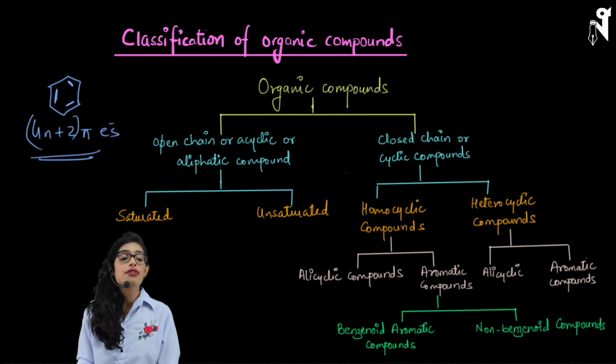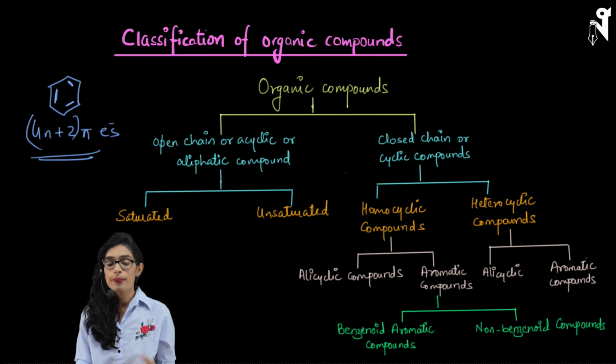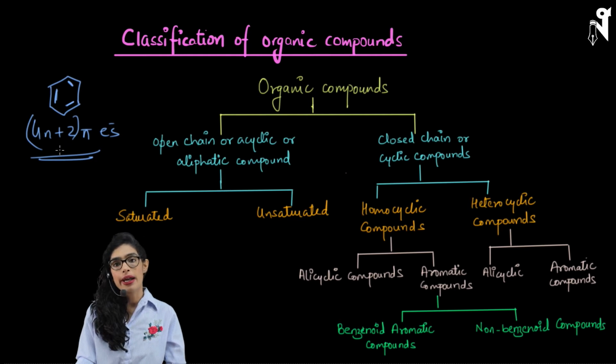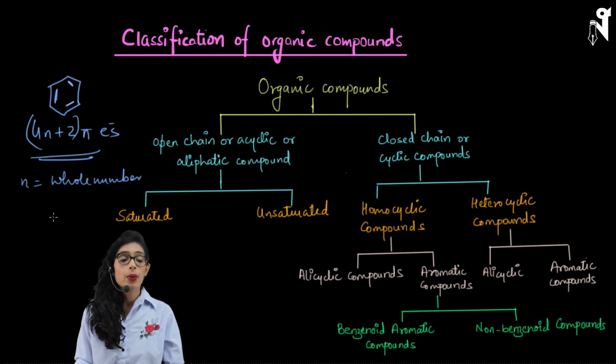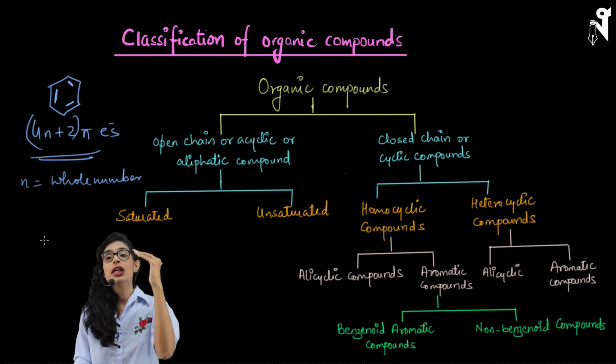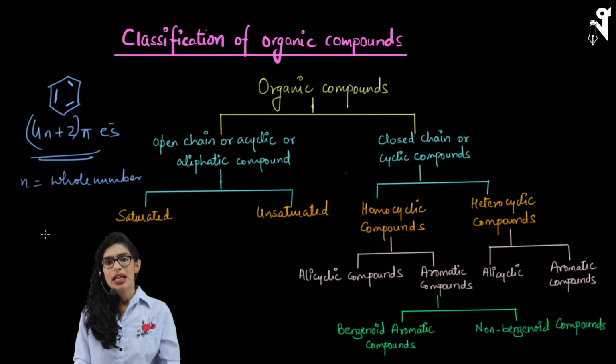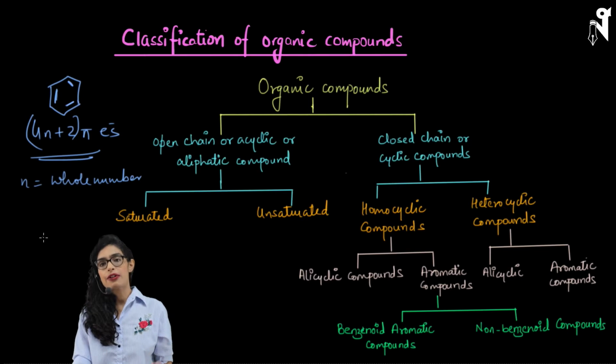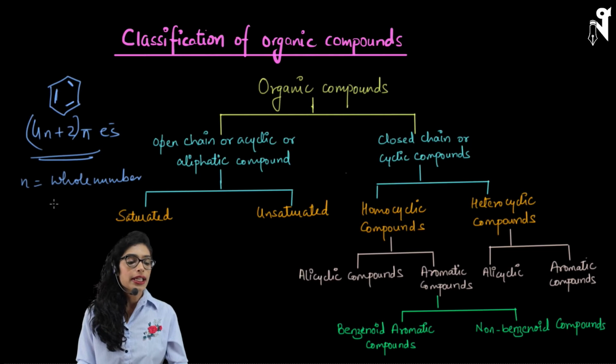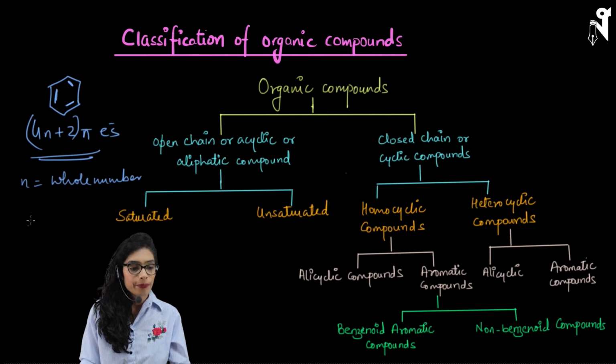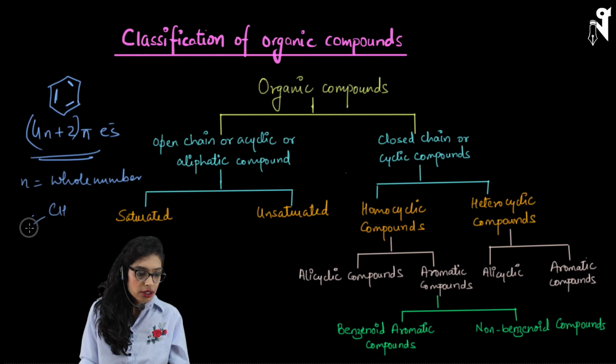Any compound containing 4n plus 2 pi electrons is generally considered aromatic. What do you mean by 4n plus 2 pi electrons? N is any whole number starting from 1. Here you will find there will be multiple pi bonds in a cyclic structure, and those pi bonds will be on alternate positions to each other. Though that's not the only definition, it's a simple definition to be explained. We will be talking about aromatic compounds soon. Let's say I draw a structure like CH, CH.